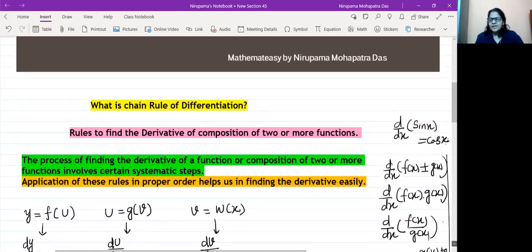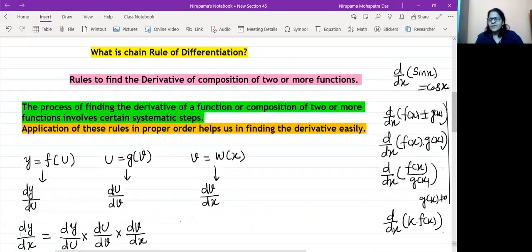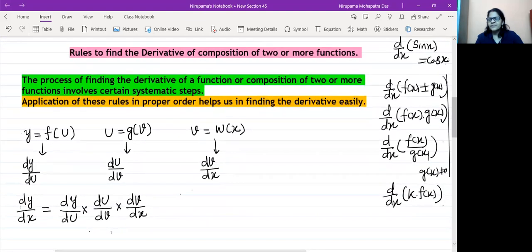Before starting the chain rule, as we have already studied differentiation in class 11, suppose for example I say d by dx of sine x. It means sine x is a function of x, directly related to x.